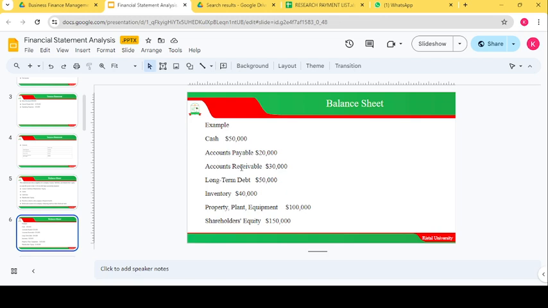So before coming up with our balance sheet, we need to categorize the assets, we need to categorize the liabilities, and also we need to identify the shareholders' equity.